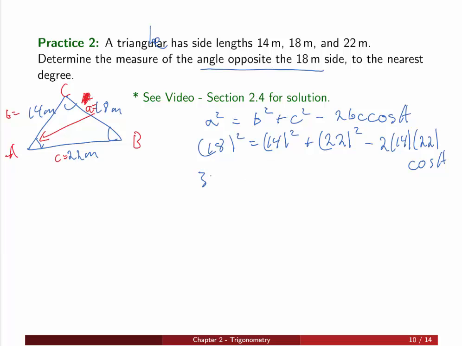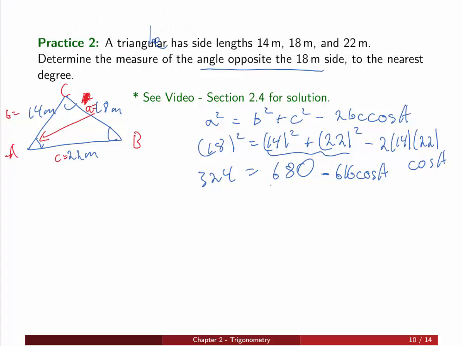So what we're left with is 324. I'm going to join these guys together. So we're going to have 14 squared plus 22 squared is 680. Then we're going to have minus 2 times 14 times 22, which is 616 cosine of A. Okay.